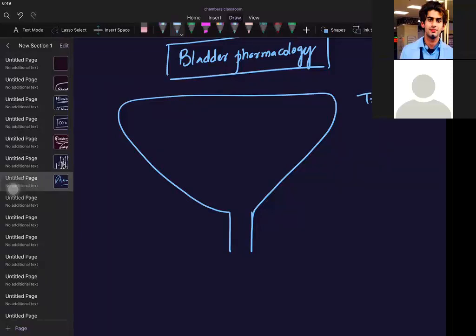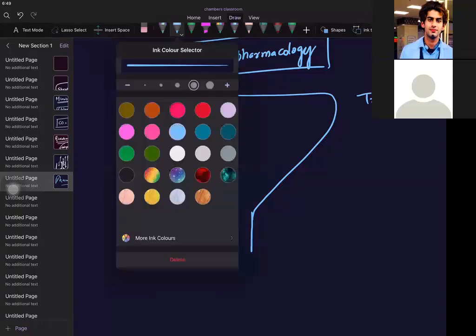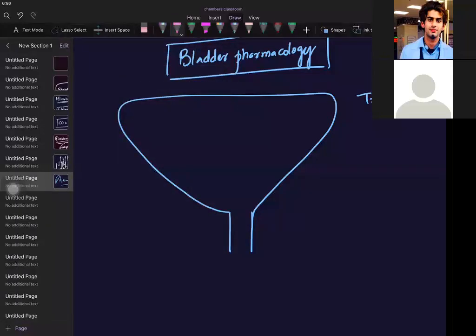First, let us make an anatomical description. I take a pink color, and you see I am attaching here, a little bit below the neck of the bladder at this urethra point, a sphincter.